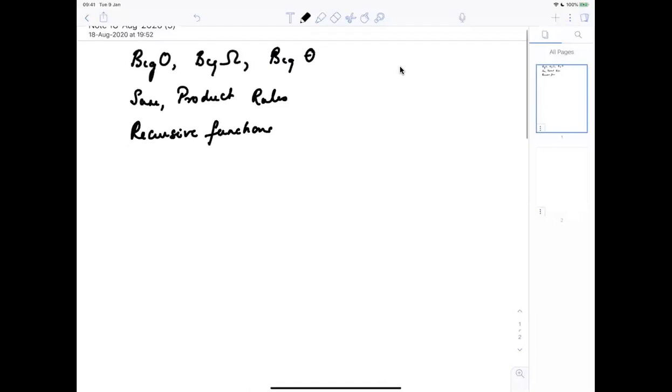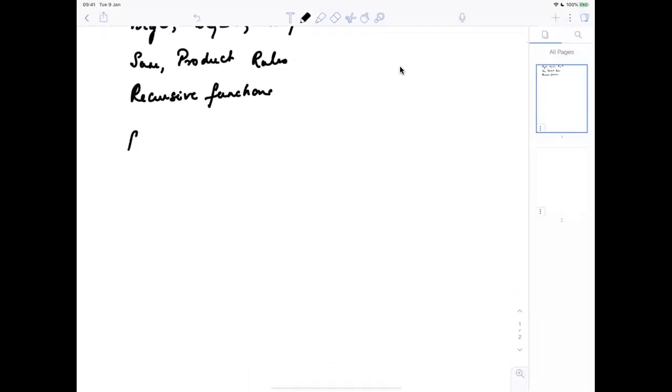Okay, so now today what I'm going to do is, let's try to rewrite this recursive sum that we did yesterday.